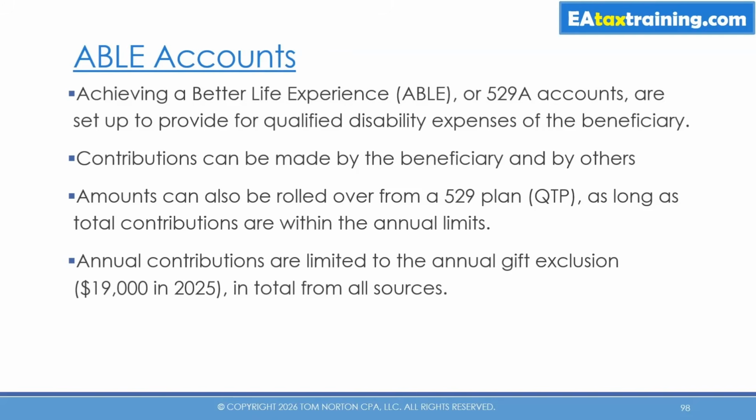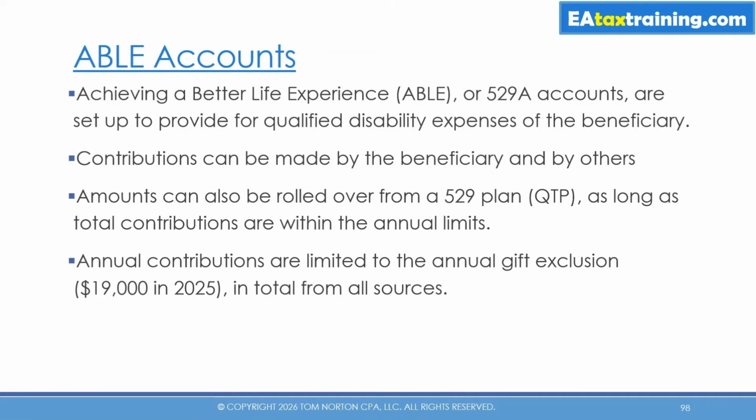ABLE accounts. So these are Achieving a Better Life Experience accounts. They are sometimes called a 529A account. They are set up to provide for the qualified disability expenses of the beneficiary. Contributions can be made by the beneficiary and by others, and amounts can also be rolled over from a 529 plan as long as the total contributions are within the annual limits.